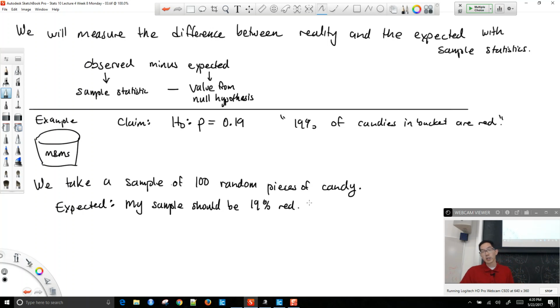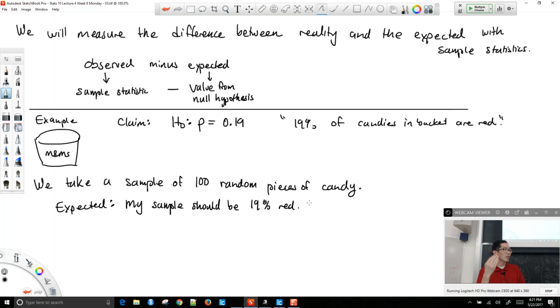Okay. What if I take a scoop and I get 23% red? Does that feel like it's wrong? Does that feel like it's vastly different from what we expected? Maybe not. Okay, let's say someone says the bucket's 19% red. I take a scoop of 100 pieces of candy, and let's say I get 27% red.